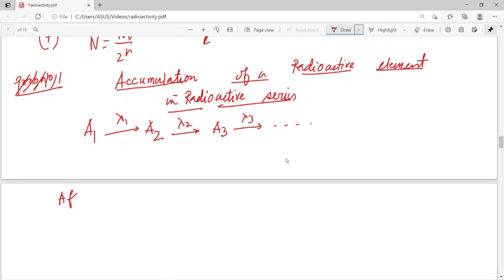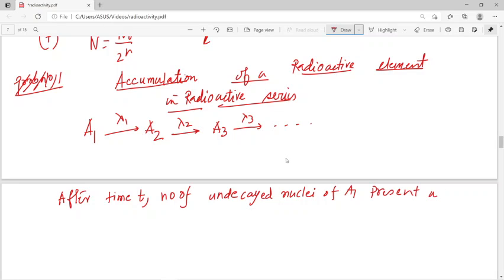So after time t, the number of undecayed nuclei of A1 present at that time instant t can be written as N1 equals N0 e to the power minus lambda 1 t.